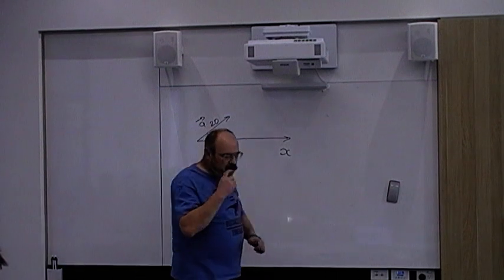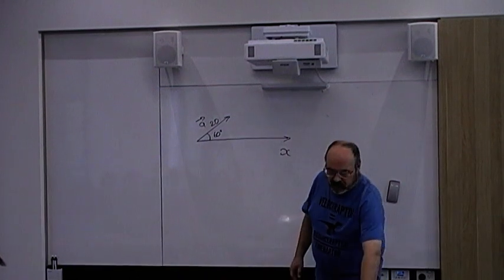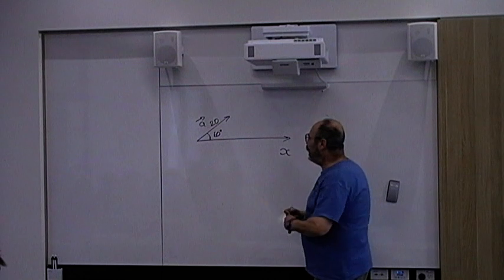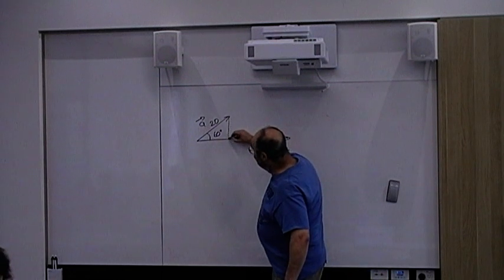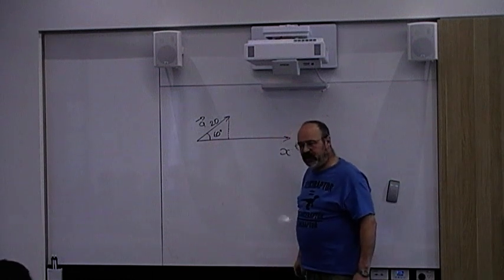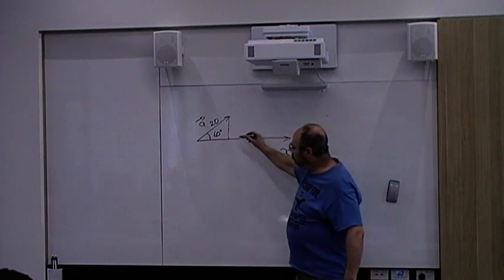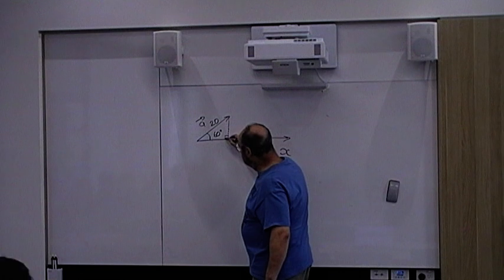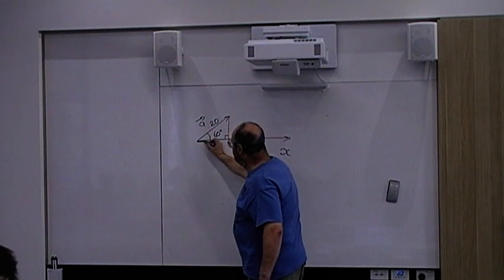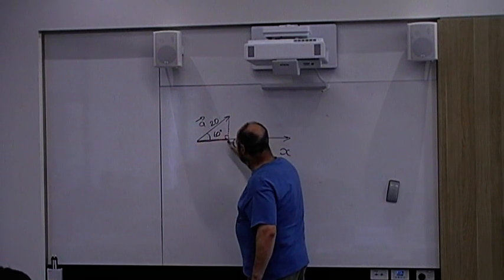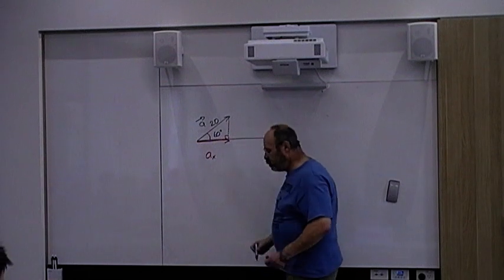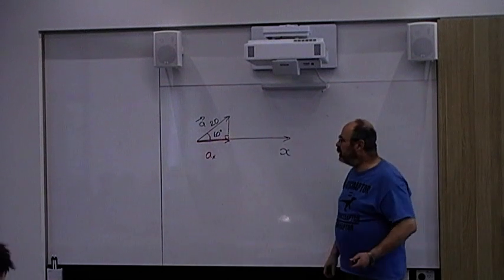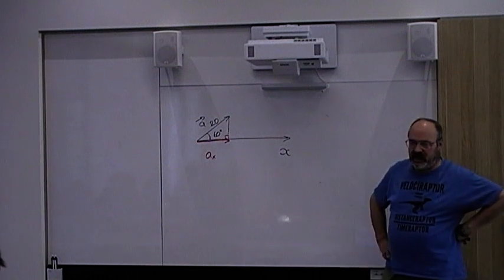A resolution of the vector A into the x-axis: we draw the perpendicular from the end of the vector to the axis. This is the perpendicular line. And this vector will be AX, the resolution of the vector A into the x-axis.